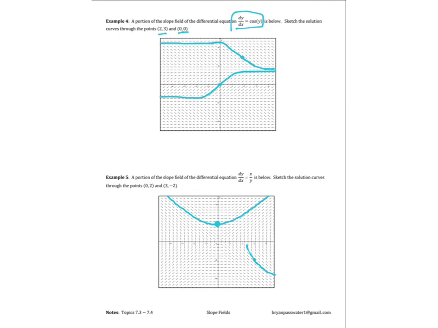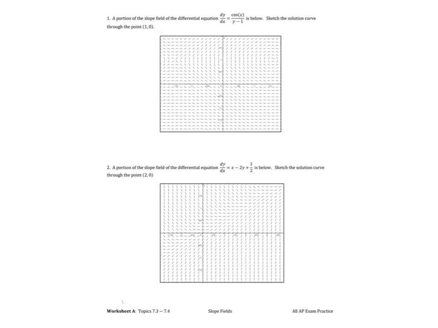Okay? And the reason I bring that up is because in your homework, you have a question. This is number 1 in your homework, at the top of, I don't know, like the 4th page. It's the first one of the slope fields.